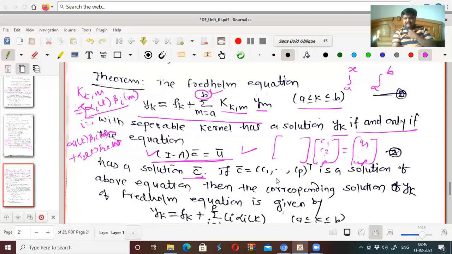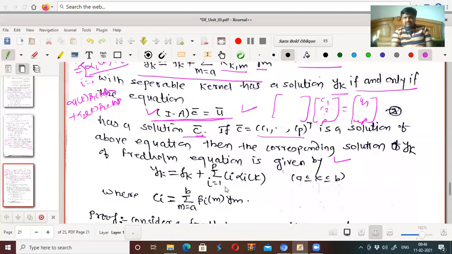Now if C bar, the transpose of this vector, is a solution of the above equation, then the corresponding solution yk of Fredholm equation is given by yk equal to fk plus summation from i equal to 1 to p of ci into alpha ik, where ci is given by summation m from a to b of beta im into ym.